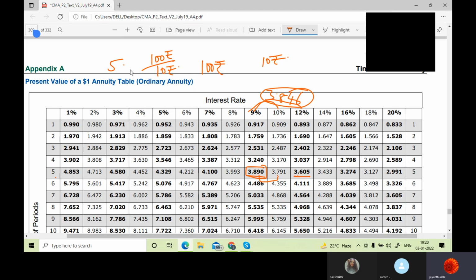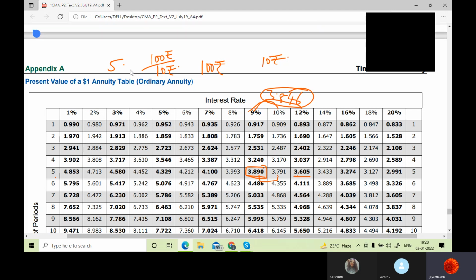This is the way to see the return. After dividing 1,50,000 by 39,000, you're getting 3.846.